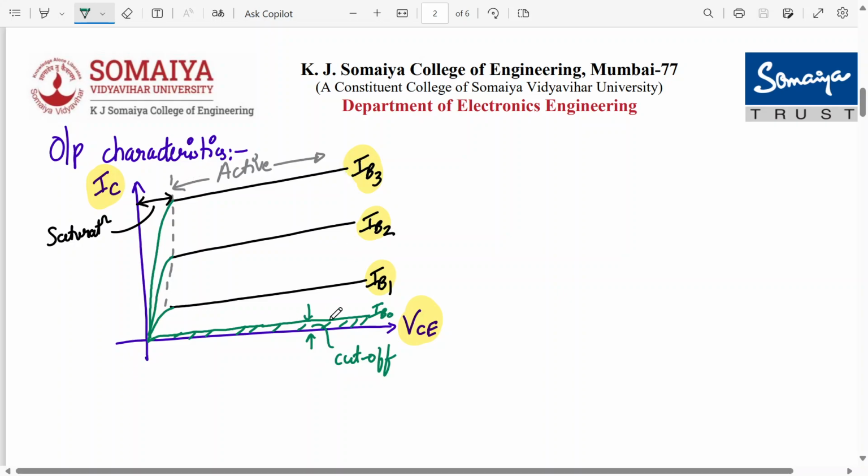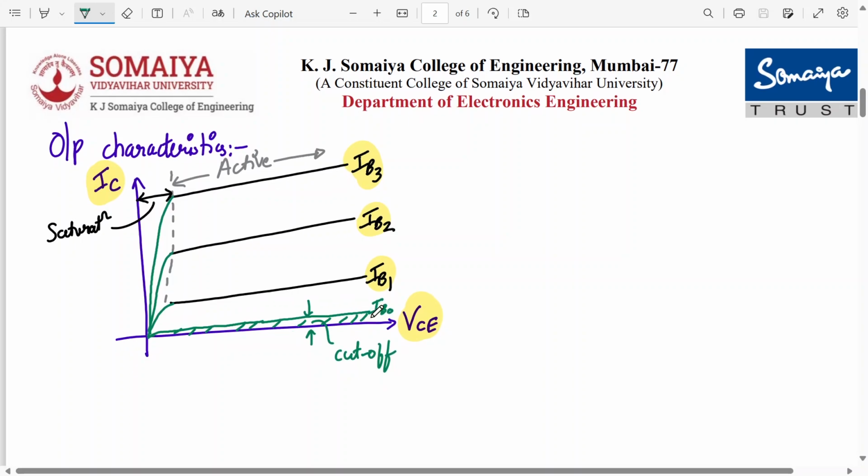And cutoff is when the current is very, very small. Understood this? Have you drawn the graph? Yes, sir. And over here IB3 is greater than IB2, which is greater than IB1, which is greater than IB0. Okay?